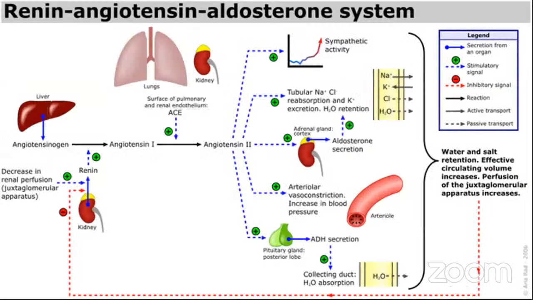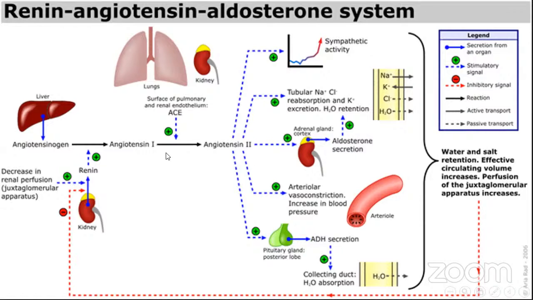We have the renin-angiotensin-aldosterone system. Whenever the kidney has reduced blood flow, it secretes renin that is essential for cleavage of angiotensinogen, which is produced by the liver, into angiotensin 1.